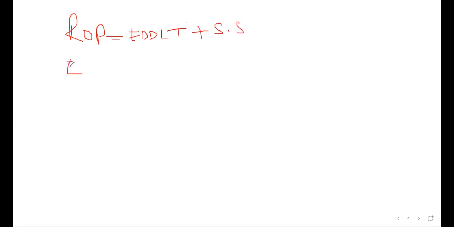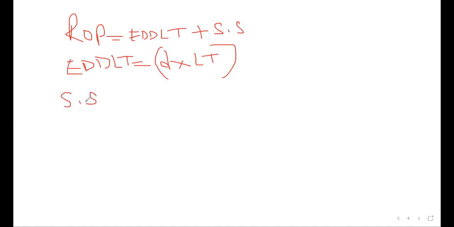Expected demand during lead time is equal to daily demand multiplied by lead time. Then of course our safety stock is equal to the Z value multiplied by the standard deviation of demand. So this is how you get to that one.